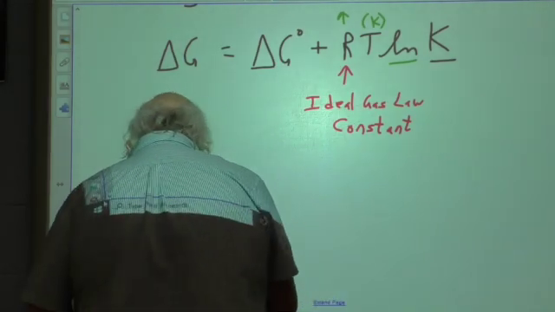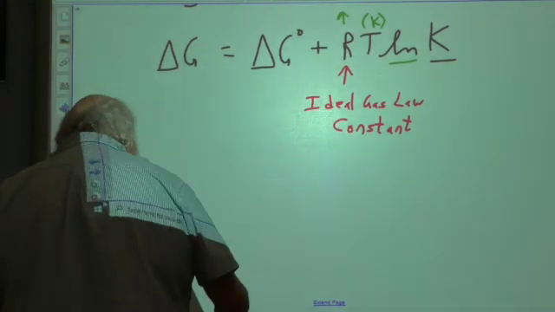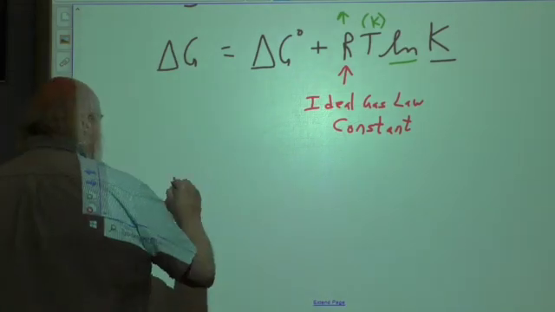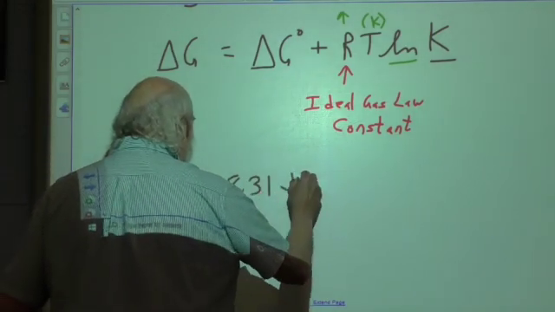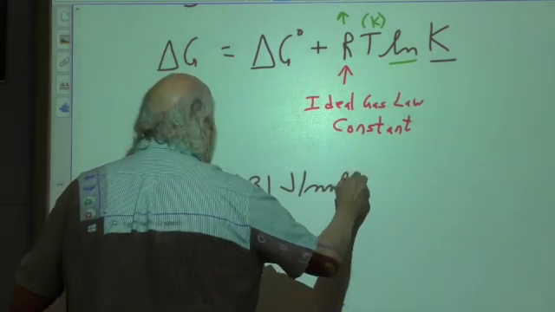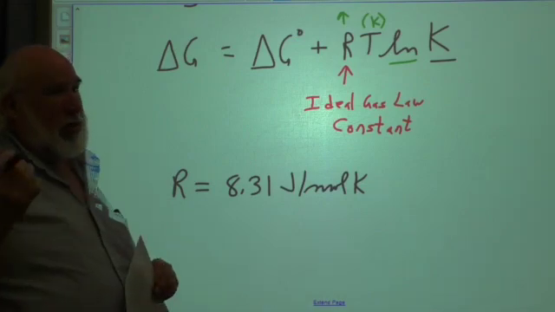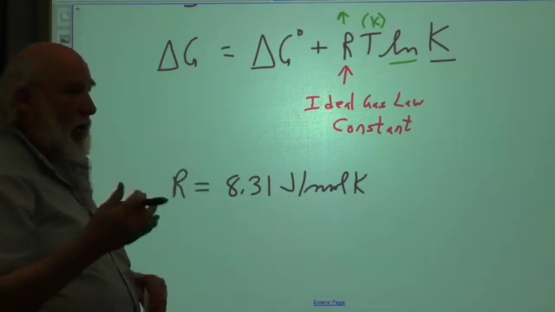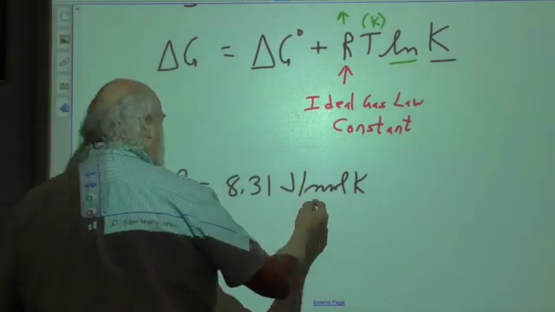All right. So, the issue with the R, and let me talk about that real quick. Since I said R is equal to 8.31 joules per mole Kelvin, but these two G's here are calculated in terms of kilojoules, and on the chart they're listed as kilojoules, then what you would need to do is change this over to kilojoules.